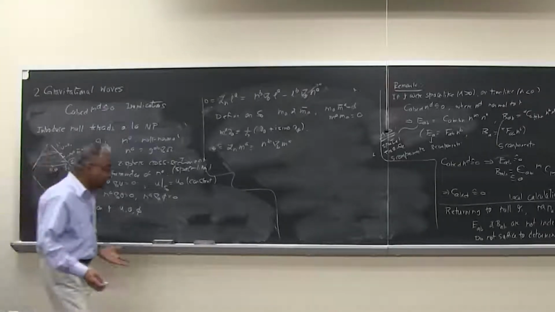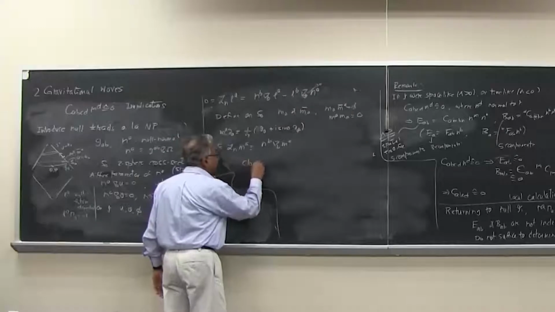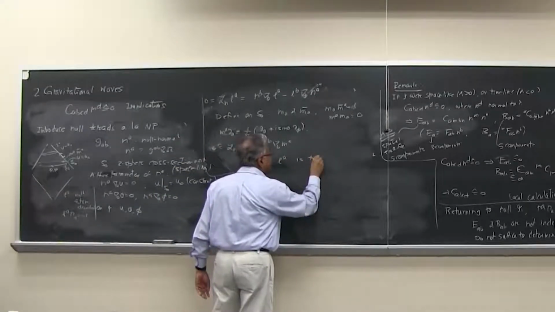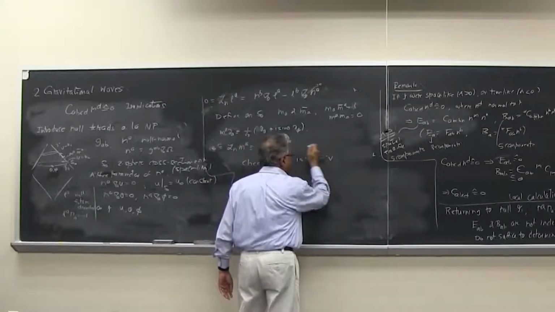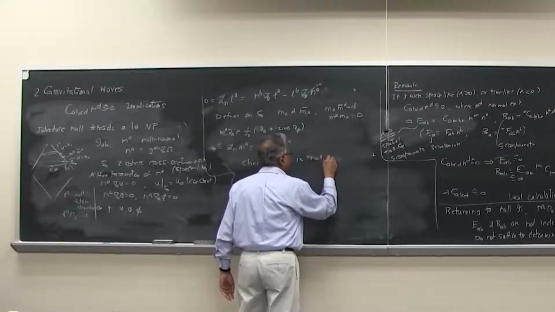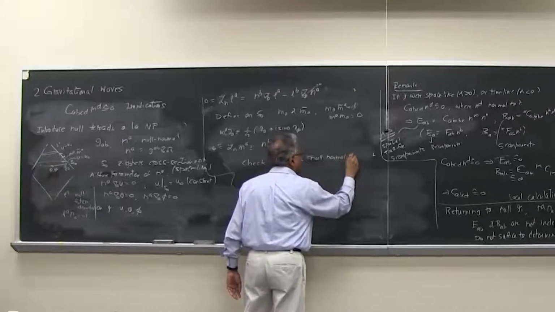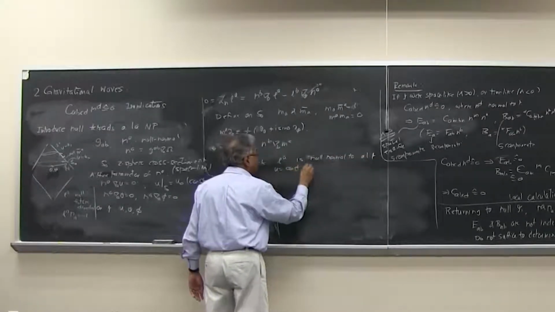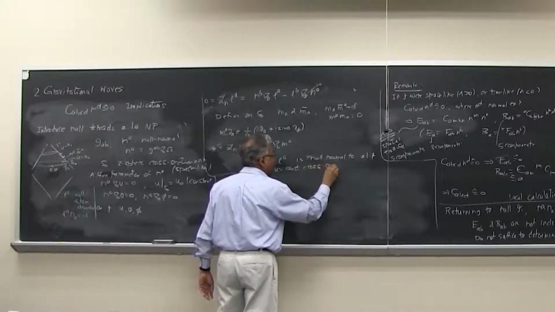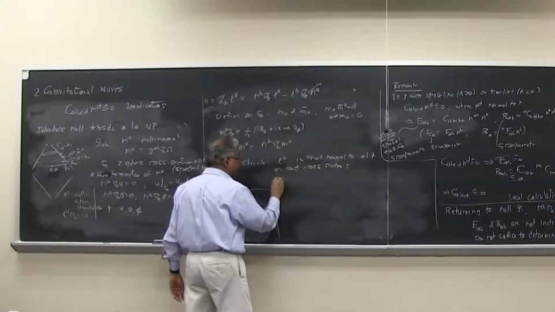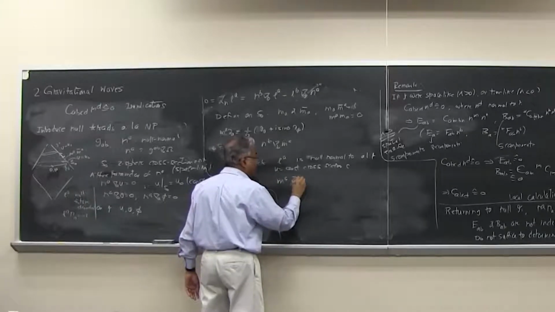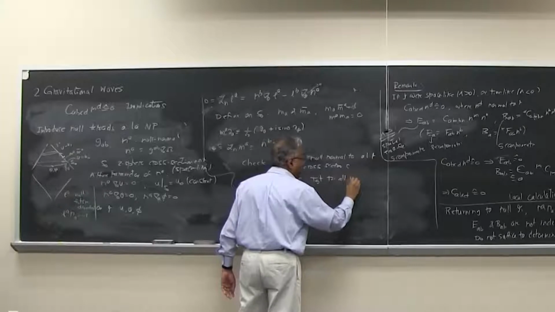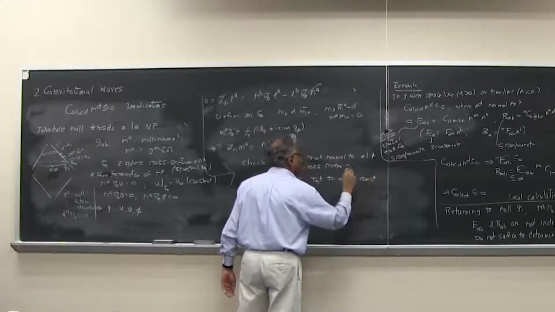And now you can check very trivially that in fact this l_A is transverse, is null normal to all u equal to constant cross sections, and m^A and m̄^A are tangent to all u equal to constant cross sections.